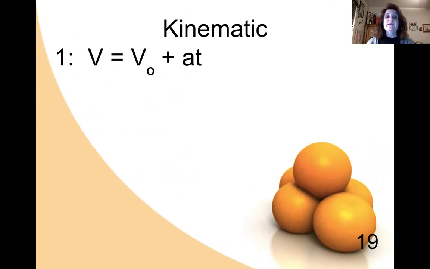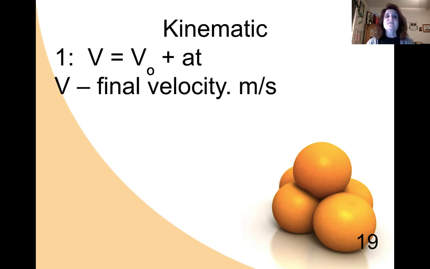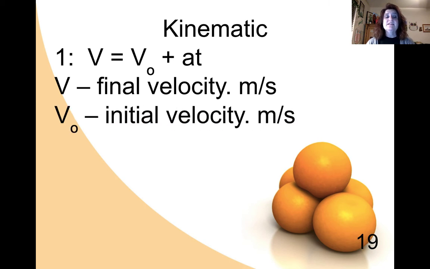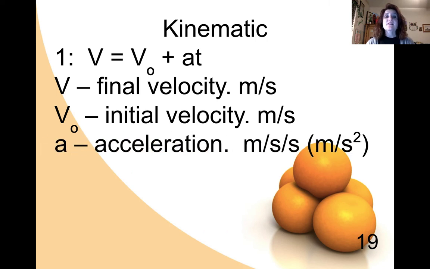Kinematic 1 is v is equal to v naught plus at. The v is the final velocity in meters per second. The v naught is the initial velocity or the starting velocity in meters per second. A is the acceleration in meters per second squared, and t is time in seconds.